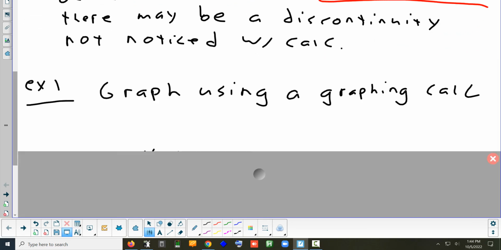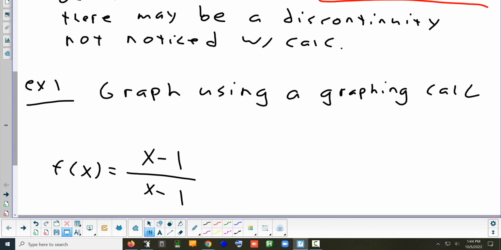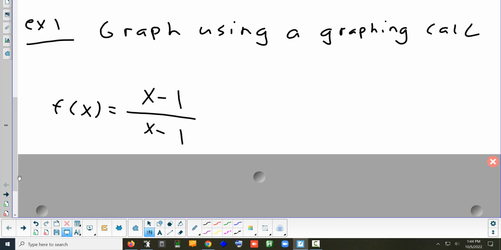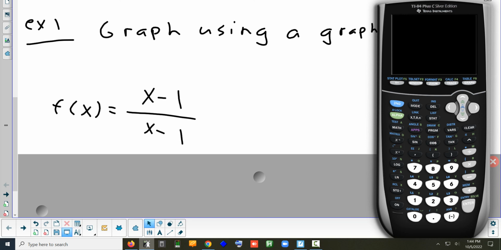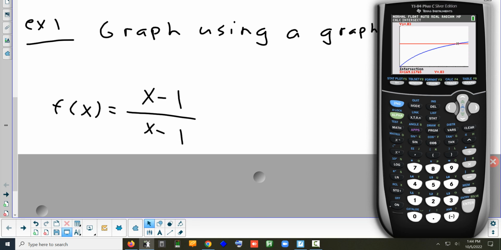Is there any question on the difference in this problem? Okay. So let's try just graphing that. X minus 1 divided by x minus 1. Okay, so first question, what value are you not allowed to use for x?